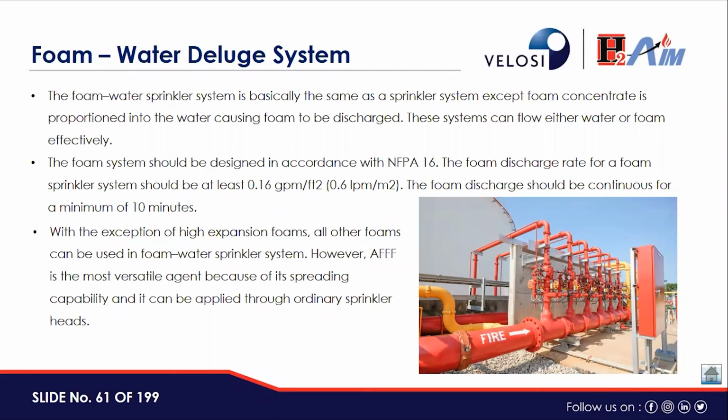The foam discharge rate for the foam sprinkler system should be at least 0.16 gallon per minute per square foot. The foam discharge should be continuous for a minimum of 10 minutes. With the exception of high expansion foams, all other foams can be used in a foam water sprinkler system. However, AFFF is the most versatile agent because of its spreading capability, and it can be applied through ordinary sprinkler heads.